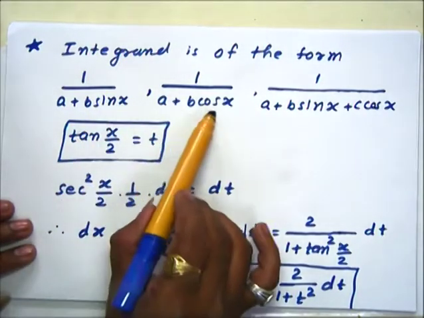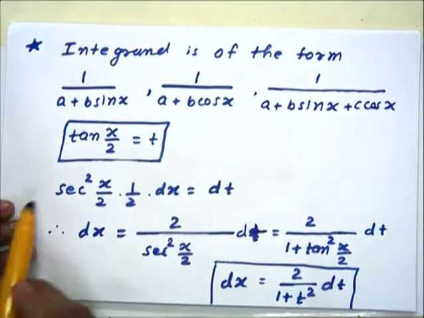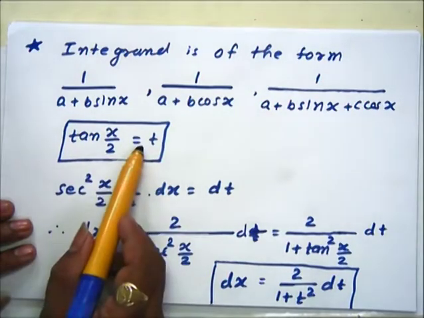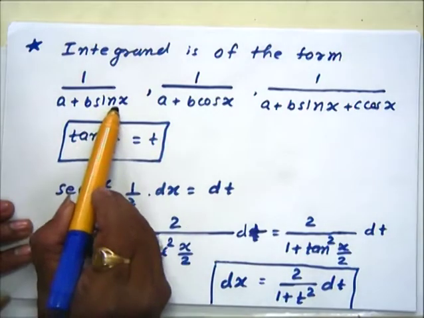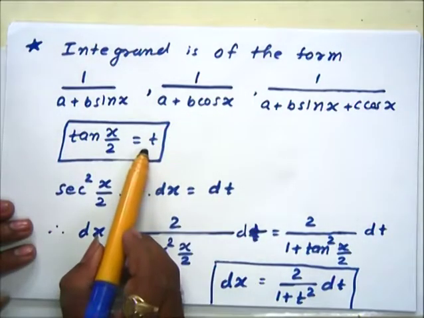Now the question is, what about sin x and cos x? Since our substitution is tan x by 2 equal to t, we have to find sin x and cos x in terms of t.